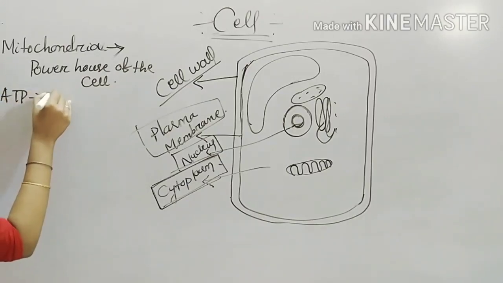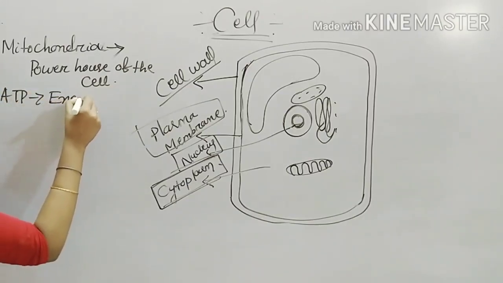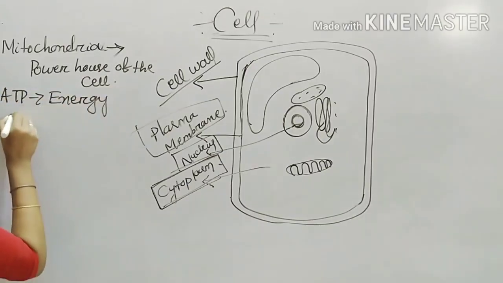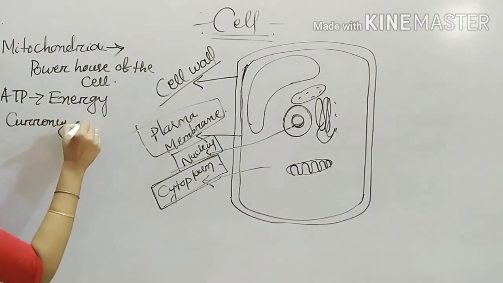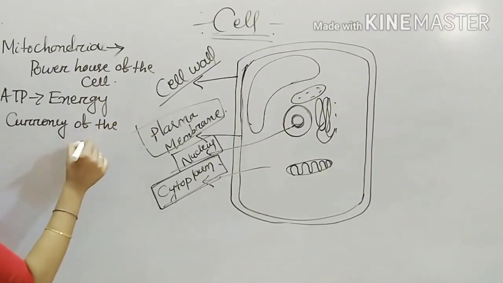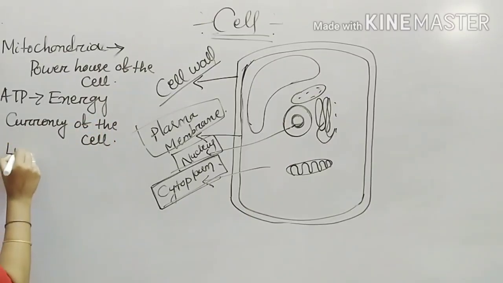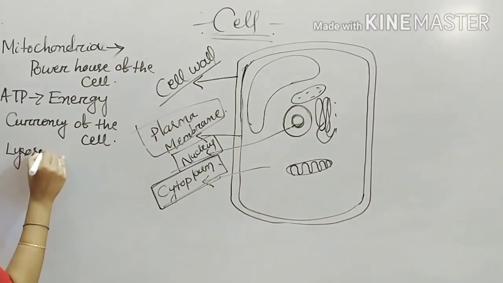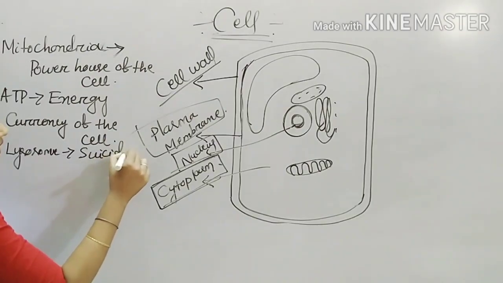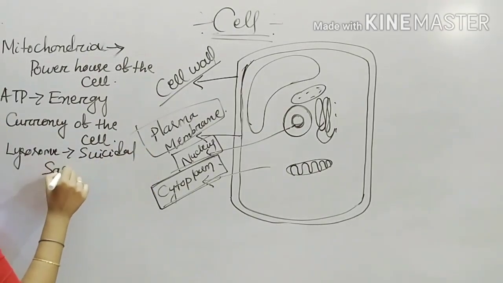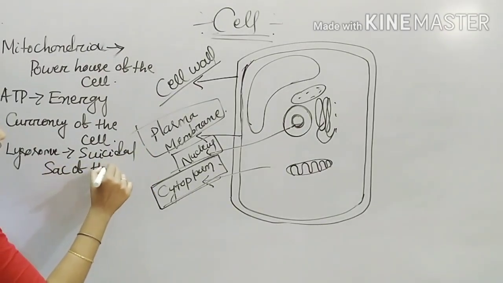ATP, energy currency of the cell. Okay, lysosome, suicidal sac of the cell.